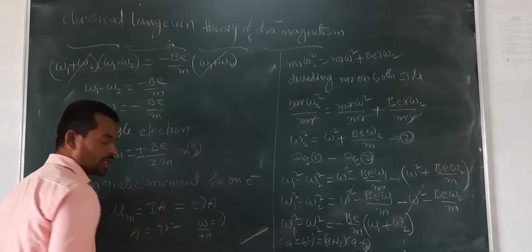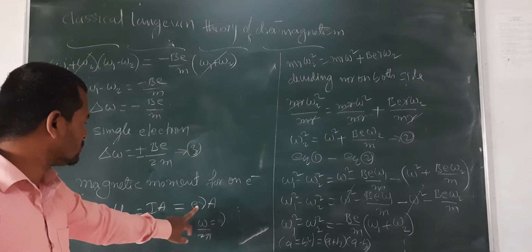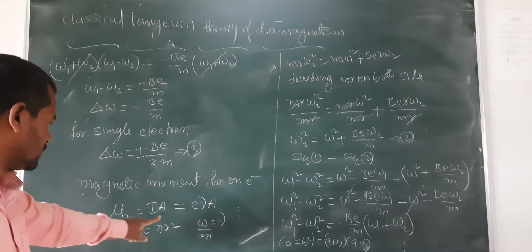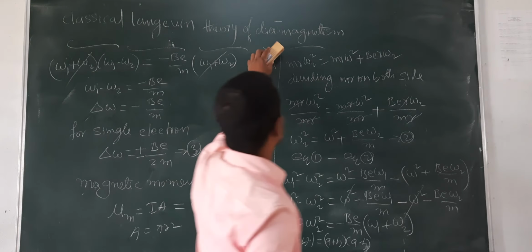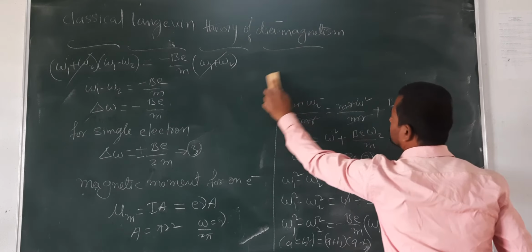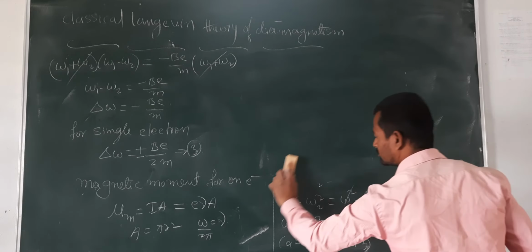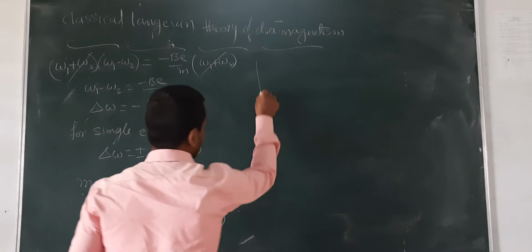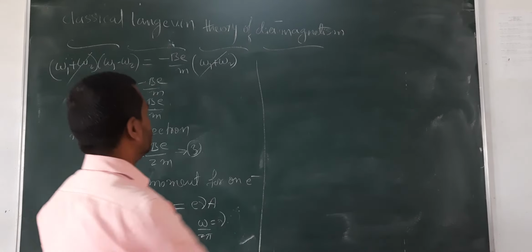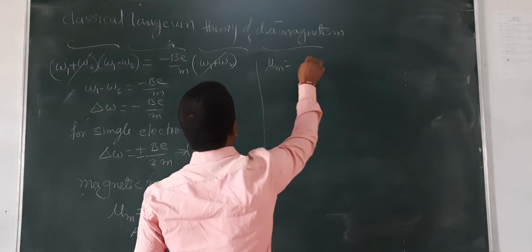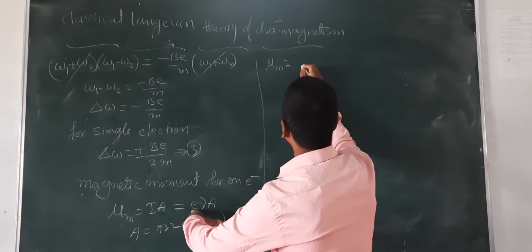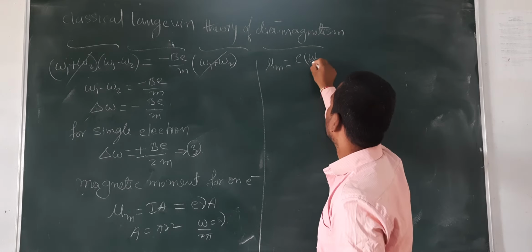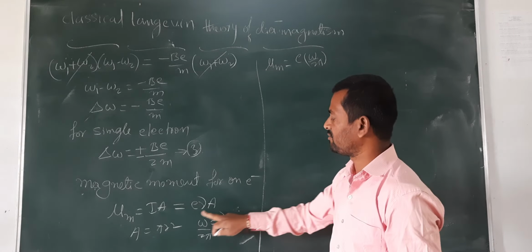Substituting these two values in this equation, the magnetic moment, generally denoted by mu m, can be written as: mu m equals e, in the place of nu omega by 2 pi, in the place of A pi r square.